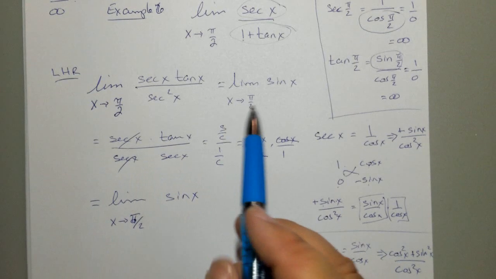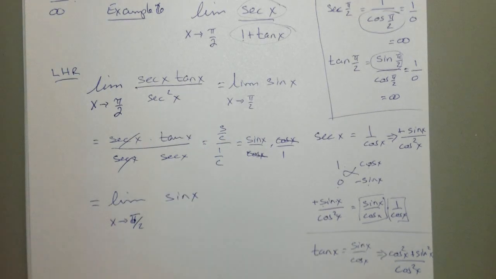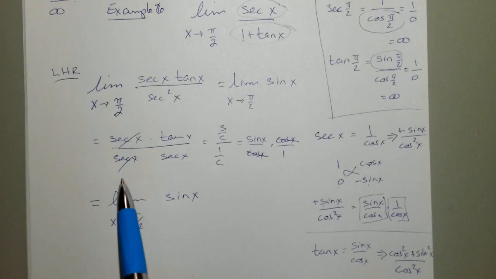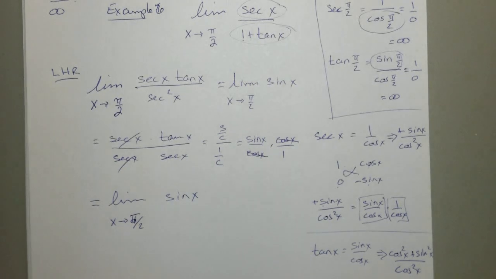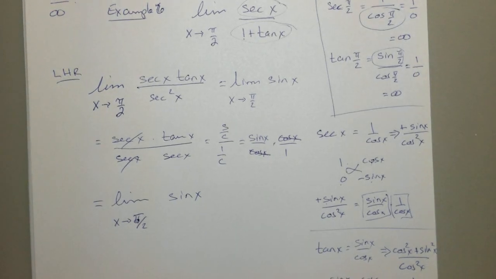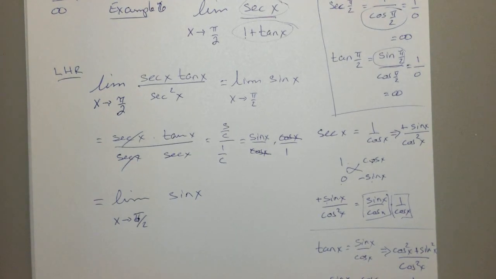Since they're all secants and tangents, which are all terms of cosine in the denominator, we can do something about it. Secant squared is secant times secant, so each one of those gets a secant underneath. So what is sine at pi over 2?